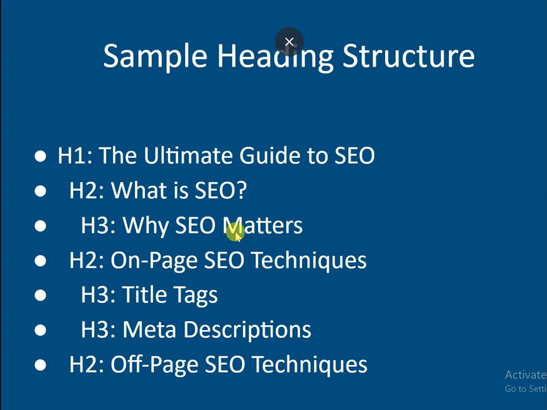This kind of structure not only improves SEO but also creates a better reading experience for users. It's like giving your readers a clear roadmap of your content. This is the structure which I have created just for understanding purposes. This is the sample structure, so you can try it this way.